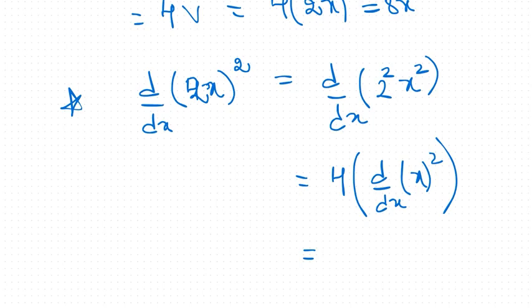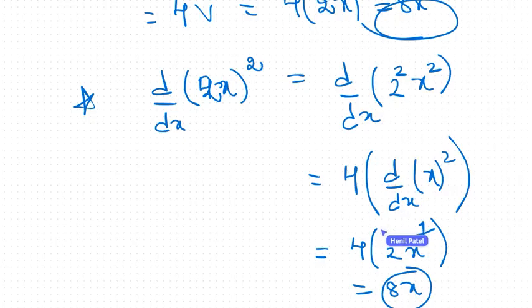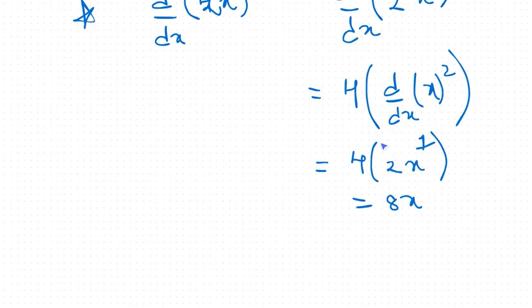It will be 4 bracket 2x power 2 minus 1. 2 minus 1 is 1. So 8x. Same answer. So constants come out basically.